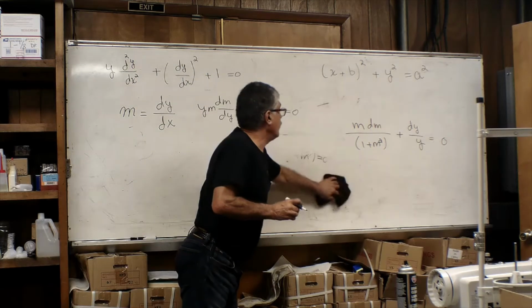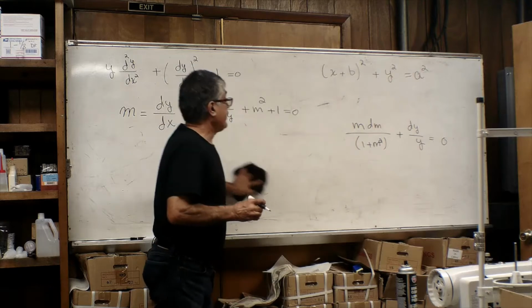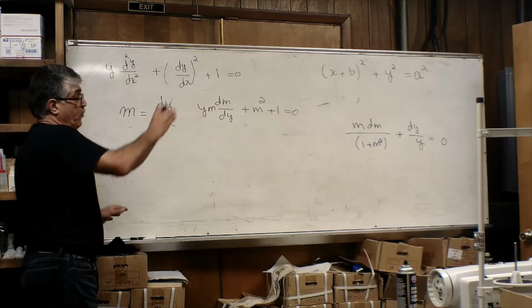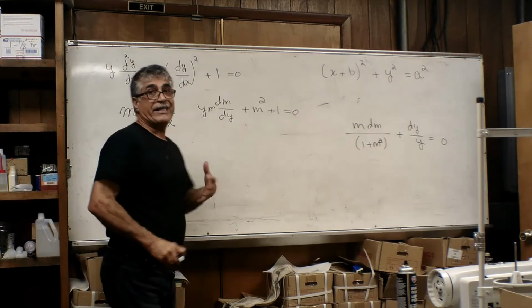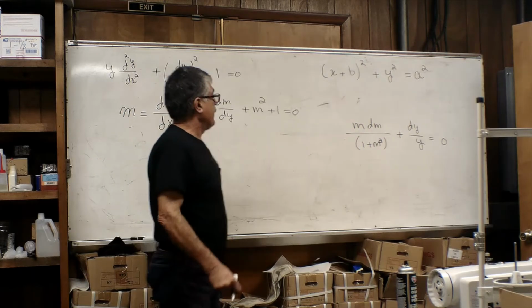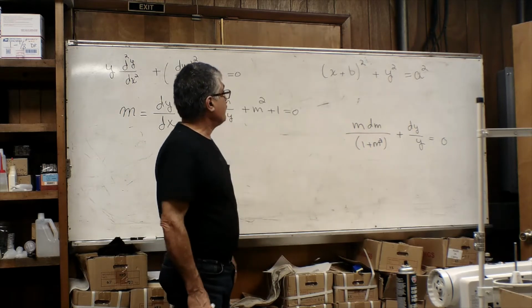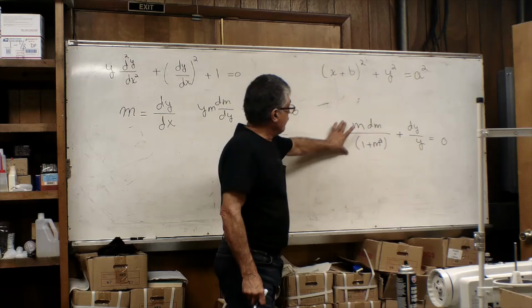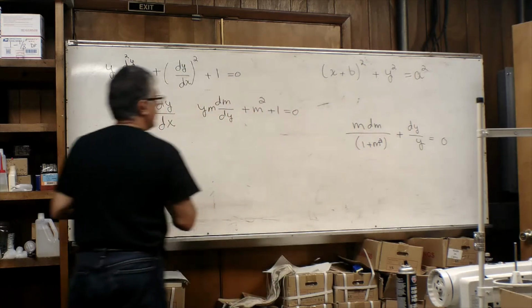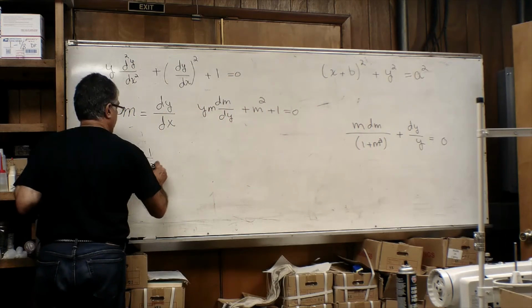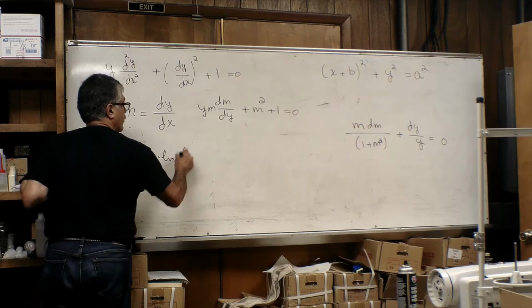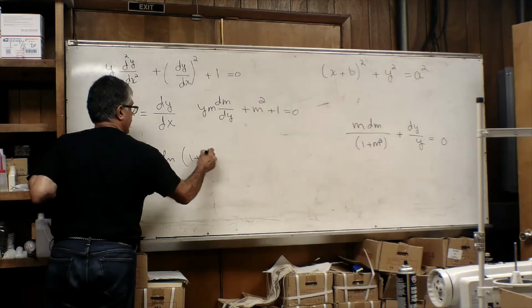Now let's go ahead and take the integration of both sides. If we look at the integral formulas in a math book, the integration of the first term is 1/2 natural log of 1 plus m squared.